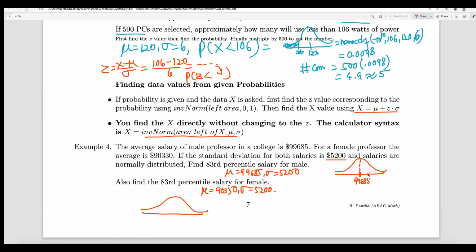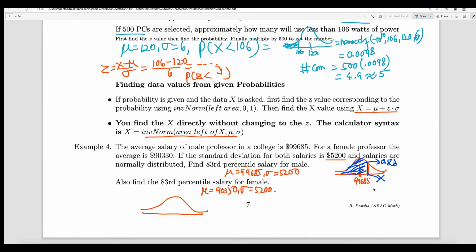So that will lie somewhere here, right? Since we are talking about 83%, that value must be on the right side of the mean, so that the area to the left is 83%. So this area is 0.83.